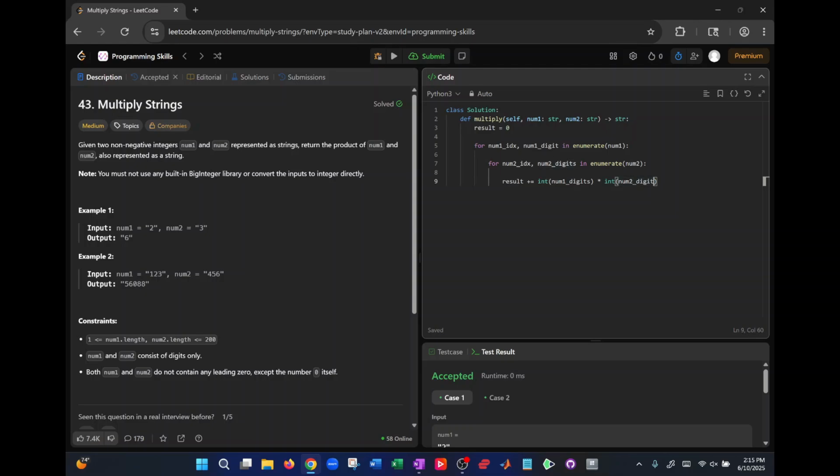I don't know why I'm pluralizing these. But yeah, so we multiply these together, and then we need to multiply this by 10 to the proper exponent.